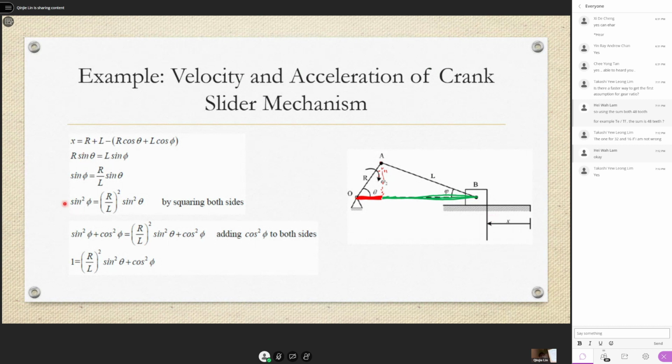Then after that, you do some mathematics. R sine theta, which is this vertical length here, is equal to L sine phi, which is also this vertical length. From here, you move L to the other side and make sine phi the subject.